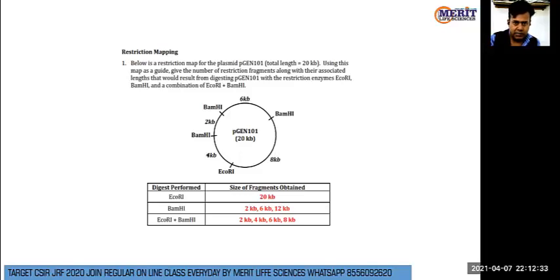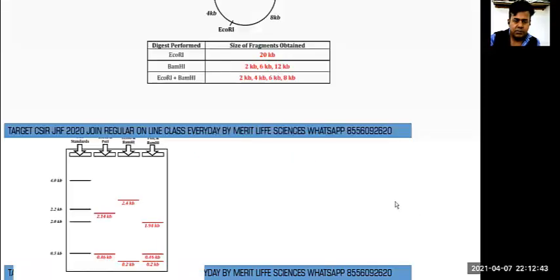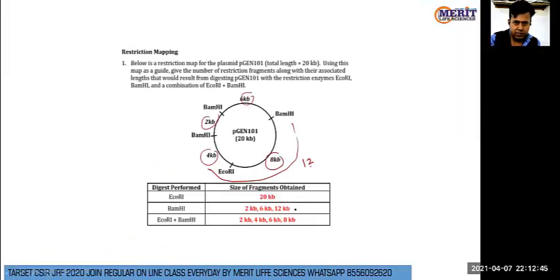This will be 8 kb, 4 kb is here, 2 kb here, 6 kb here, and if you are combining this it will be 12. So you have to satisfy this condition. Means there should be 12 kb, 2 and 6 in the BamH1 digestion, and in the EcoR1 it should be total 20, and in the co-digestion you should have another 2 fragments, 8 and 4 kb.